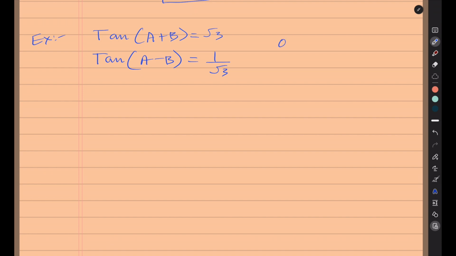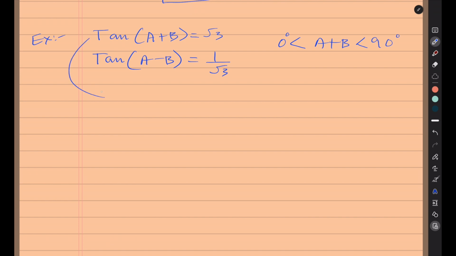And the same thing, A plus B put together is more than 0 degree but less than 90 degree. So we will actually do similar things.